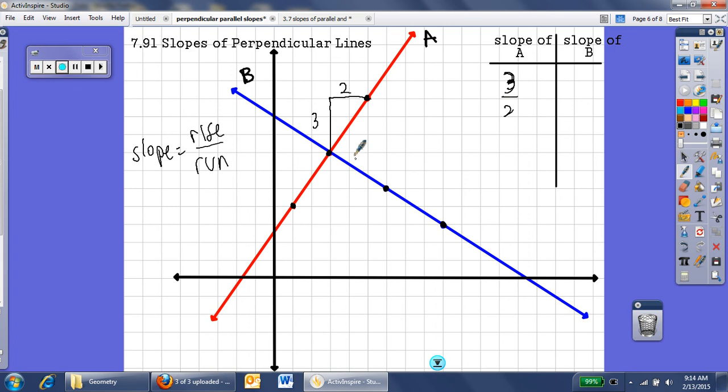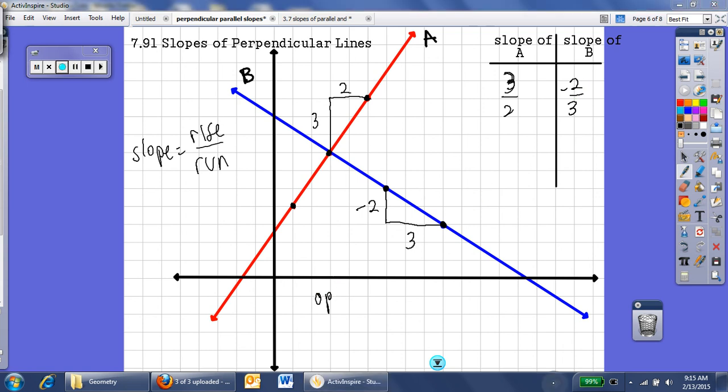And looking at B, we'll do a slope triangle, and we can see that this is going down and over, so it's going down 2, and it's going over 1, 2, 3, negative 2/3. So let's do a check. Are these slopes opposite, reciprocal? Opposite would mean that one is positive and one is negative, so that checks out.